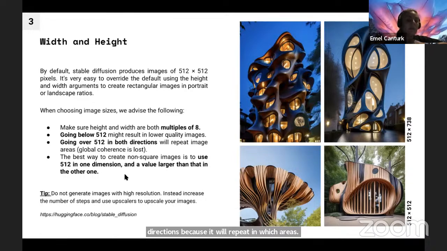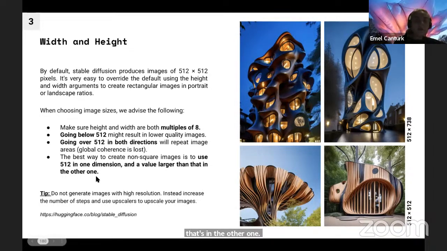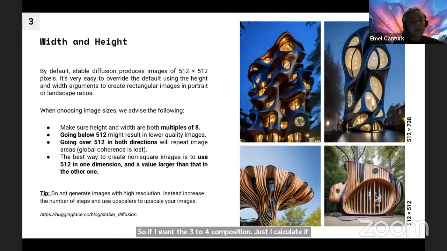So it says the best way to create non-square images is to use 512 in one dimension and a larger value in the other one. So if I want a 3 to 4 composition, I just calculate: if 3 is 512, how many pixels should be for 4? Okay, so just a basic calculation.